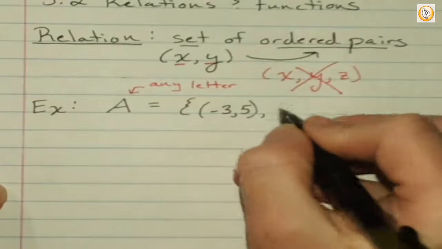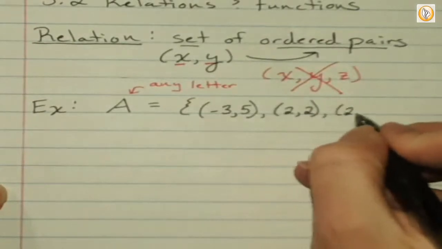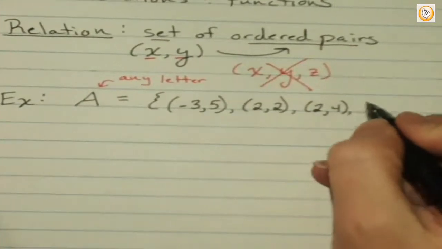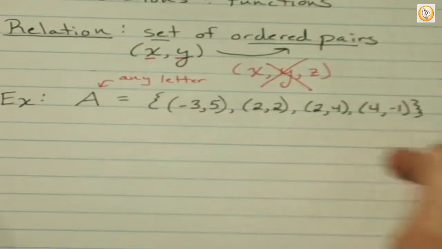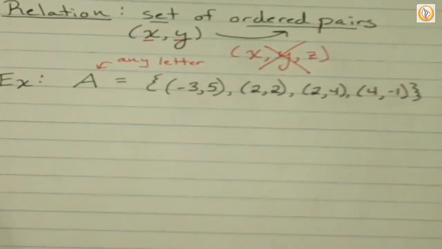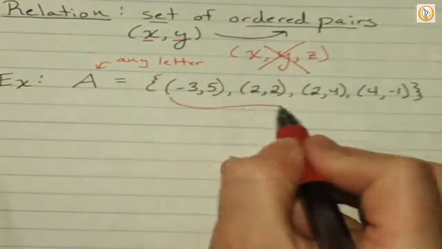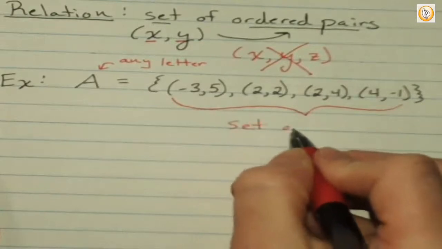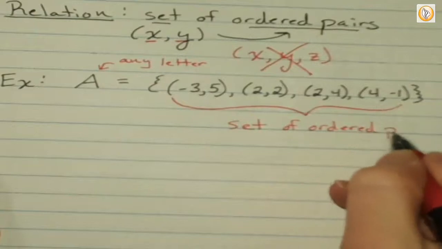-3 and 5. 2 and 2. 2 and 4. Let's say 4 and -1. And a closing bracket. This is a set of ordered pairs.